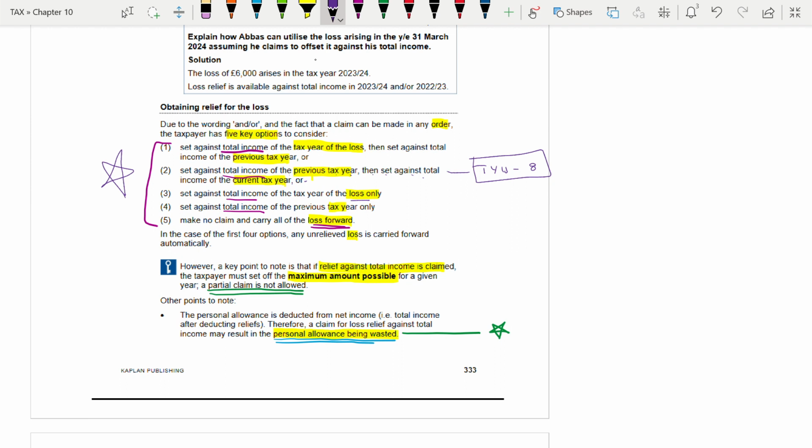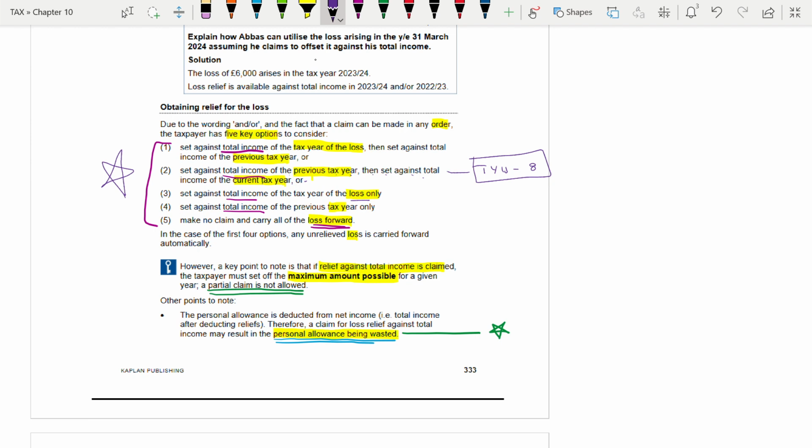In the first, we set against total income of the tax year of the loss, then go for the previous year, or go for the previous year and then the current year, or take the current year only, the year in which it incurred loss, or take the previous year only, or don't take any losses and carry forward.